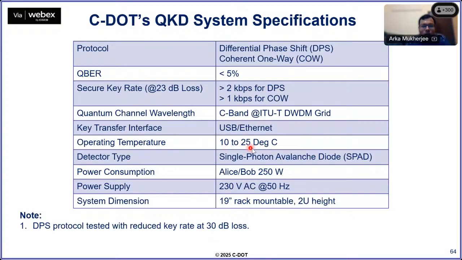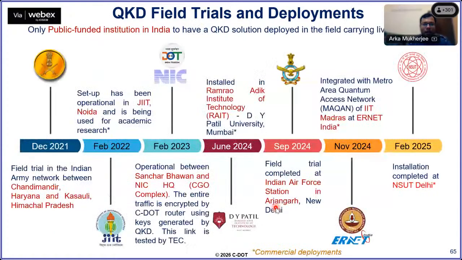So the operating temperature is from 10 to 25 degrees centigrade. The detector type typically used is SPAD based, single photon avalanche diode based, and it works on a standard 230 volt 50 hertz supply. You can also mount these boxes in a 19-inch telecom rack.